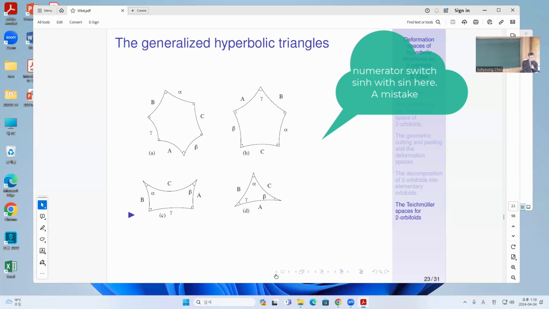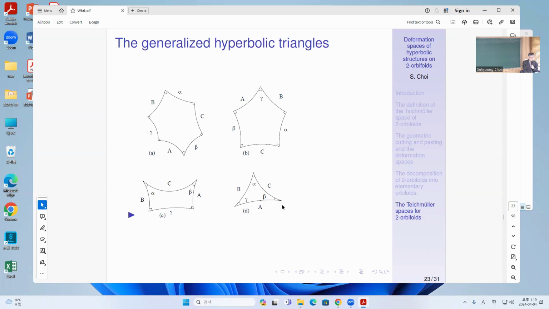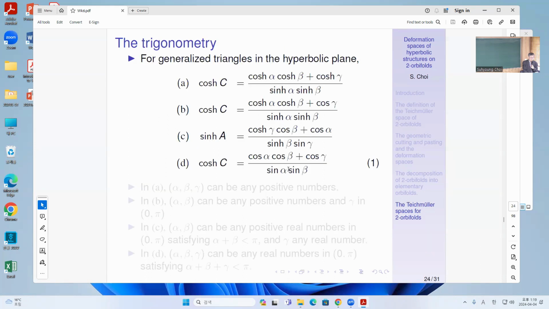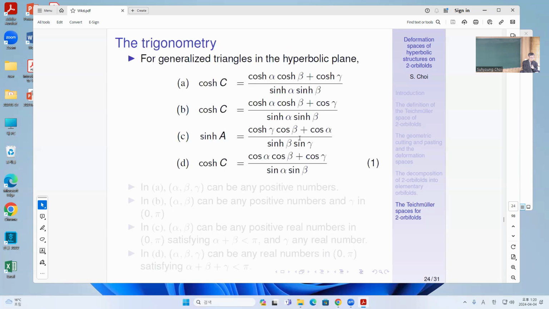And finally, this is the familiar law, right? You have this law in which everything is sine now. Sorry, I think this h should be here. Is this reversed? Sorry, it should be reversed.